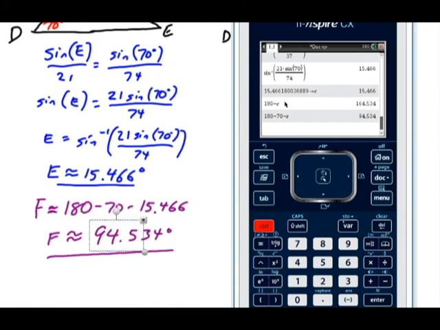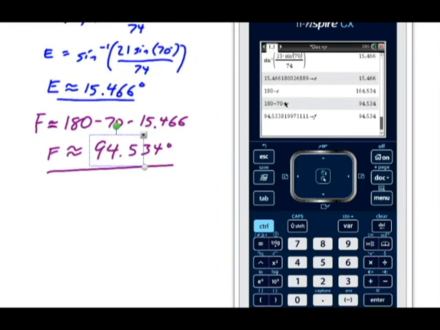Remember to store for precision. This time I think I'll finish with law of sines.